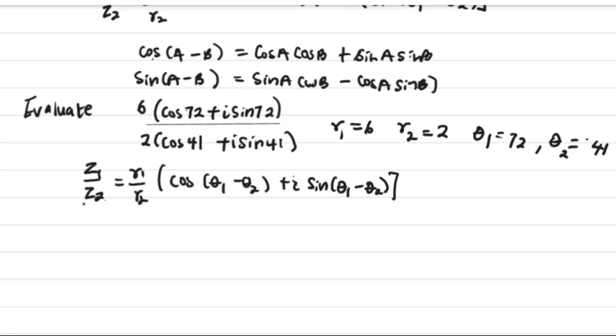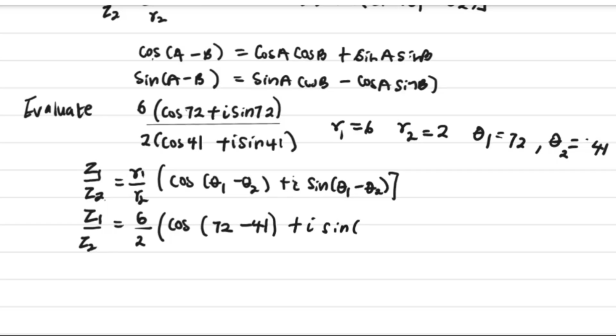So substituting, Z1 over Z2 is going to give us 6 divided by 2 into cos 72 minus 41 plus i sine 72 minus 41.